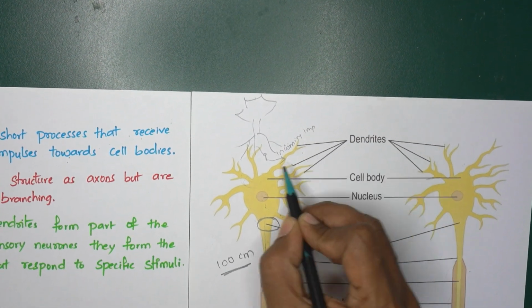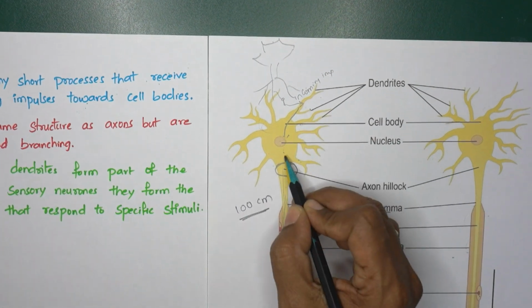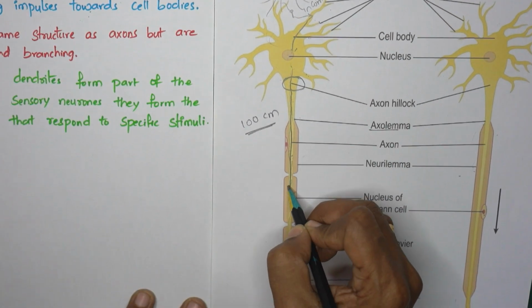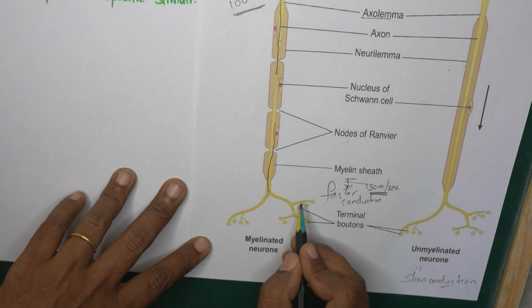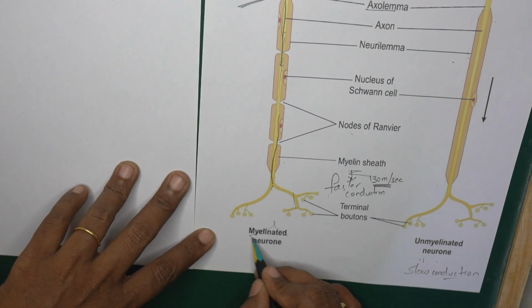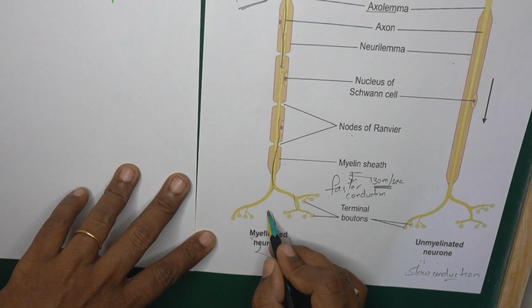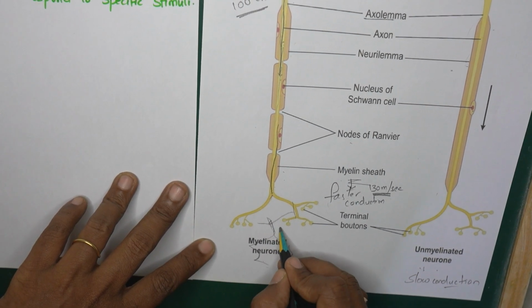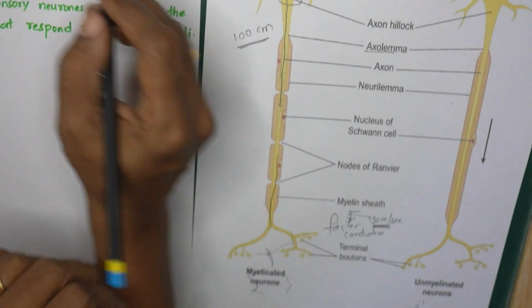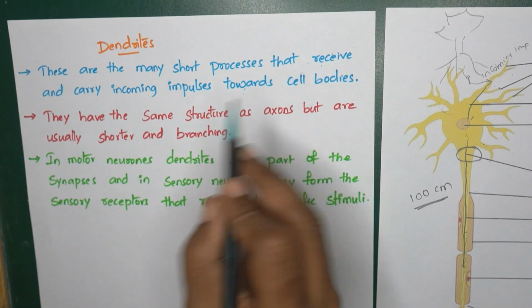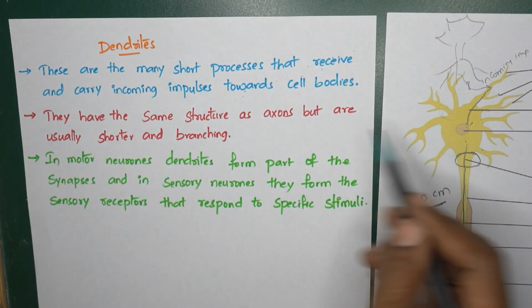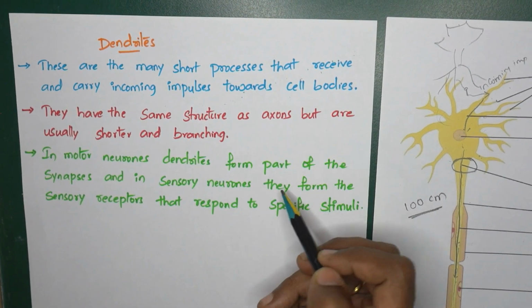They send those incoming impulses to the cell body, and that impulse will be carried on through the axon, again reaching the terminal buttons. From here again the other neuron will be present, and its dendrites will be receiving those impulses. Dendrites are the many short processes that receive and carry the incoming impulses towards the cell body.